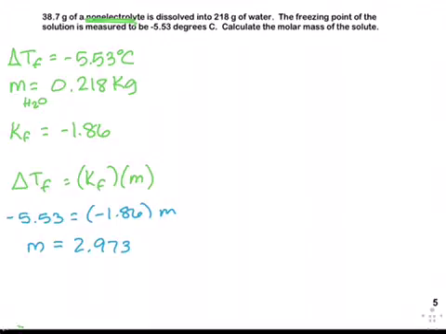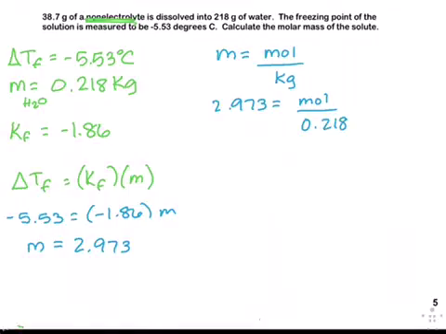So then working backwards, we know our molality formula is moles of solute over the kilograms. Do we have enough information to fill in the moles of solute? Yes, we can solve that. We know our molality is 2.973 equals moles over our kilograms, which was 0.218.